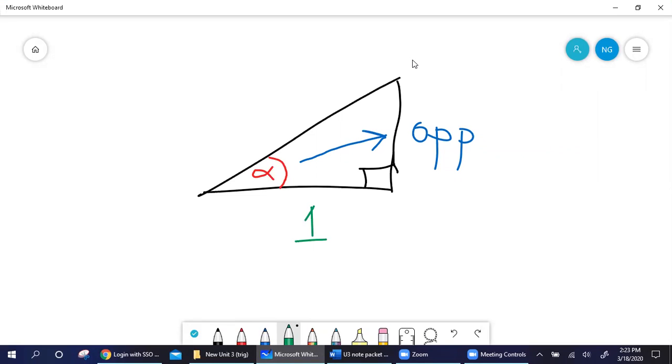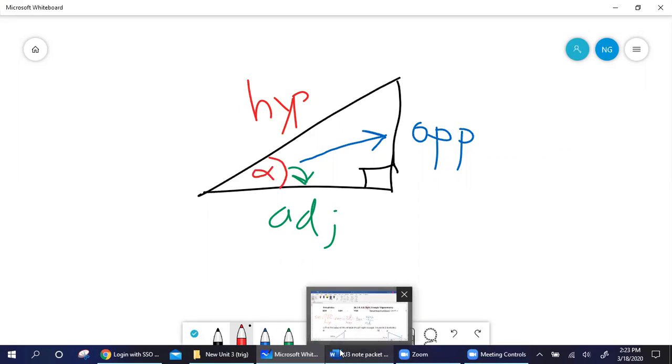This one side is adjacent, and this second side is also adjacent to that angle. But the hypotenuse, we specifically call hypotenuse. So when I'm saying adjacent, the next to that angle, that would be the adjacent side. And the hypotenuse is obviously the hypotenuse of the right triangle. So just make sure we know that.